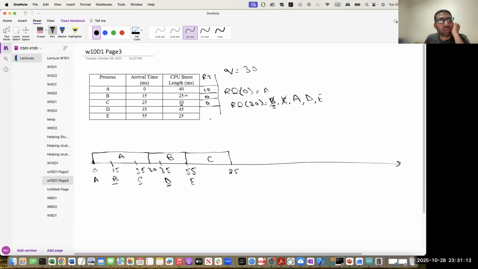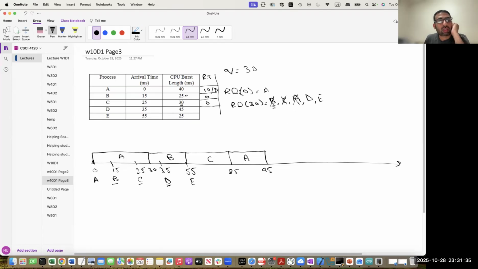Now the next one at the head is A. A is allowed to run for 30 time units, but its remaining time is only 10, so it is done at 95, and its remaining time is 0.